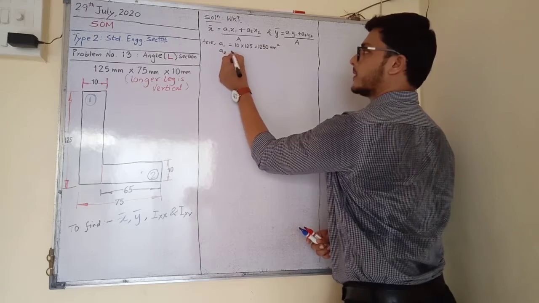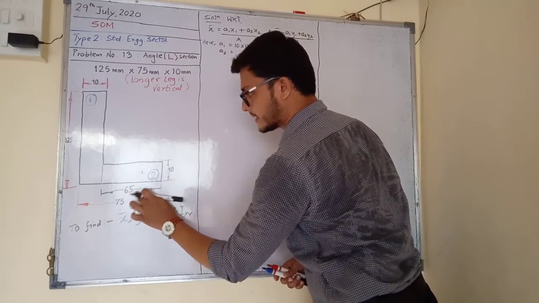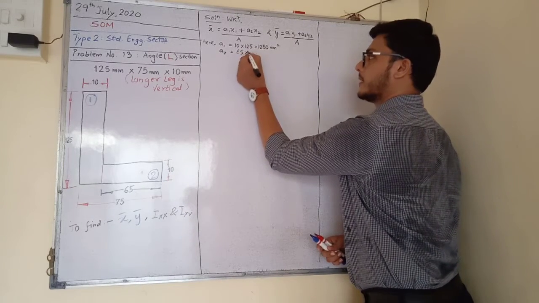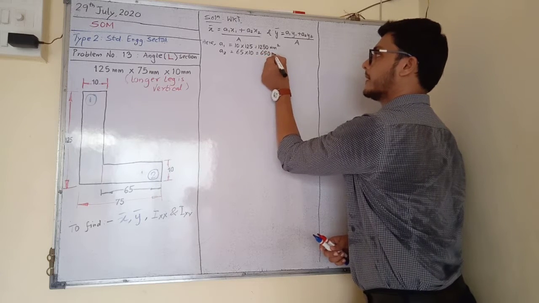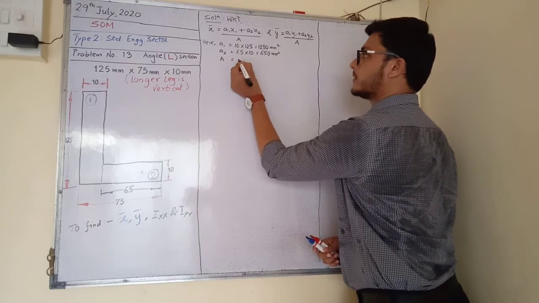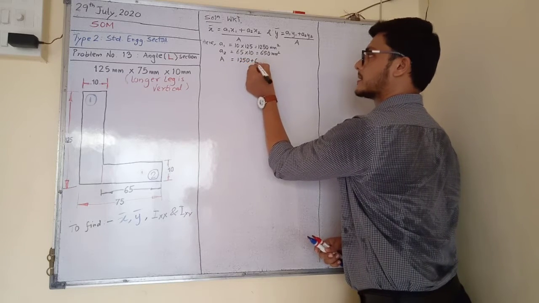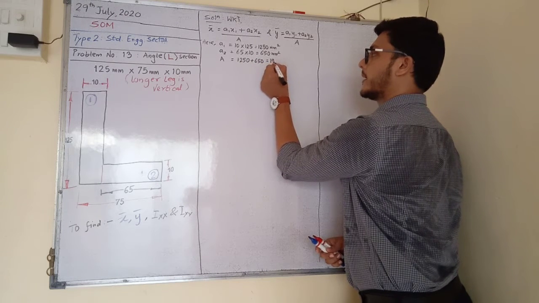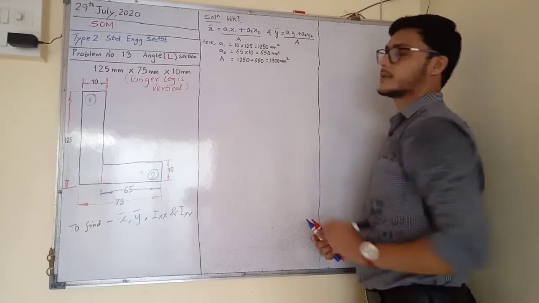A2, rectangle number 2, will be b into d. B is 65, d is 10. 65 into 10 is 650 mm square, and total area will be the sum of these two, 1250 plus 650, equal to 1900 mm square. So these are the areas.